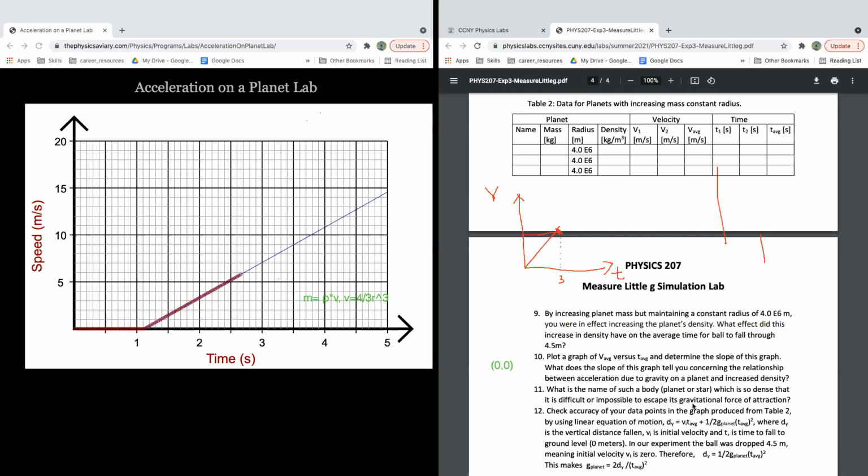So basically, when you plot this graph and you change the mass, then later g will change as well.